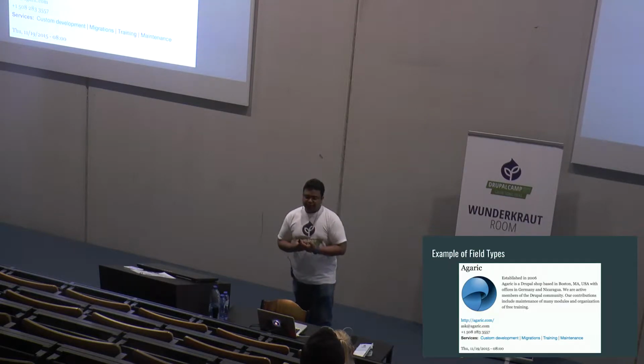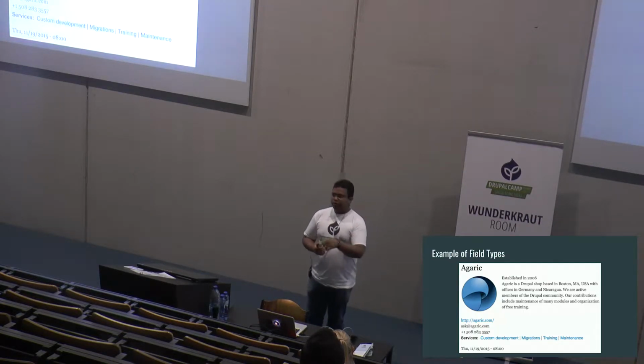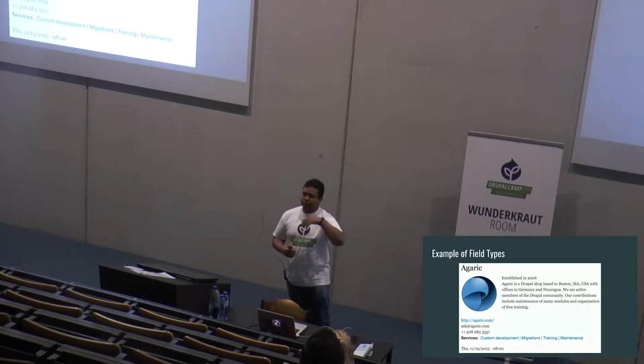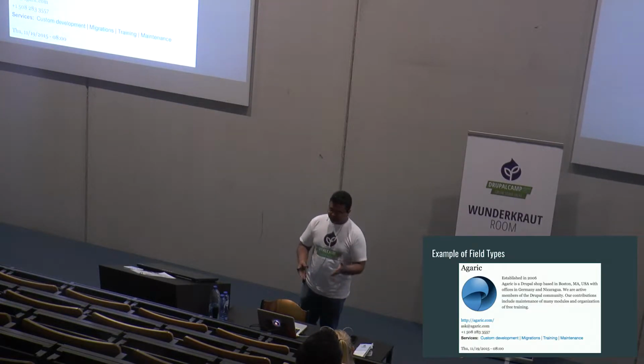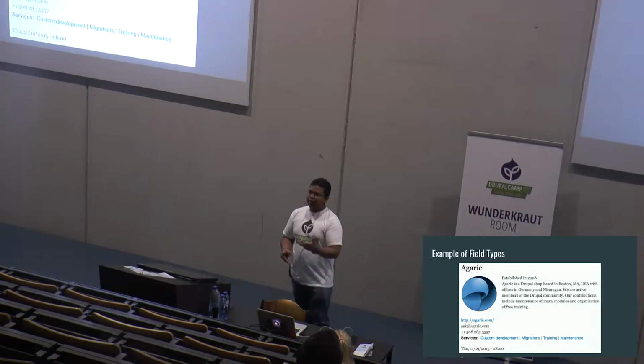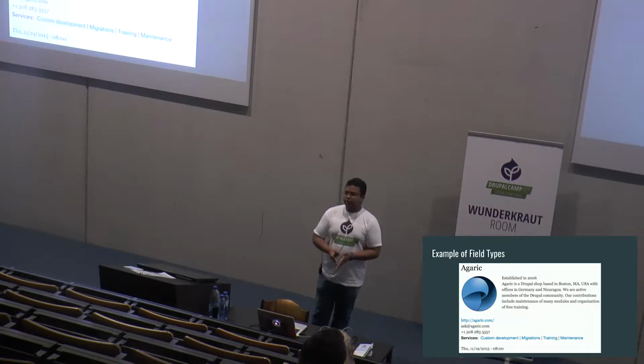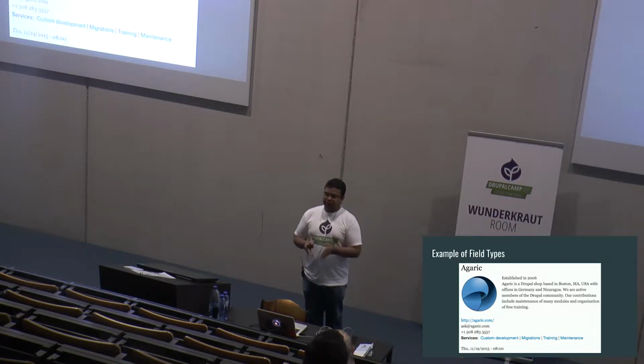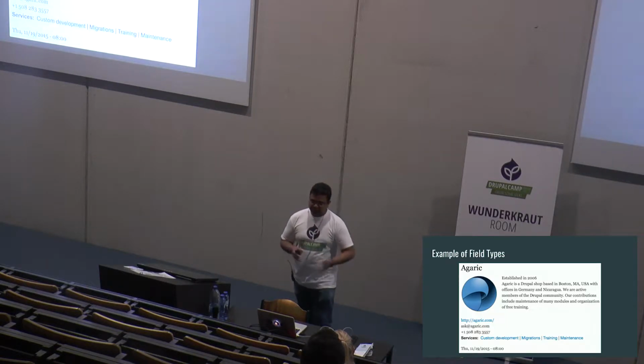Like, we don't want people saying created on or established in or just the number. We want it to be consistent. So in order to make it consistent, we define it as a number field. Let's say that we are only interested in organizations from 2000 and onwards. We define a minimum of 2000, and then we define a prefix of established in.